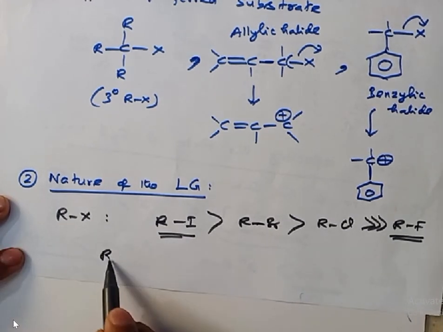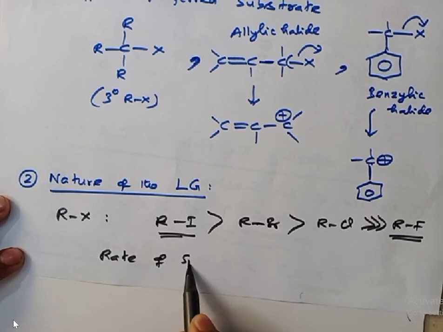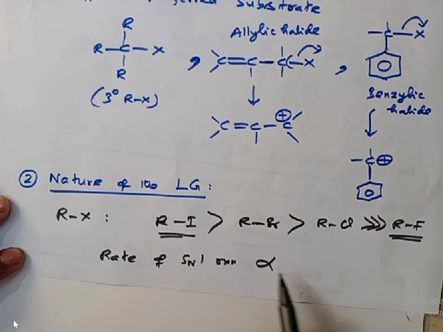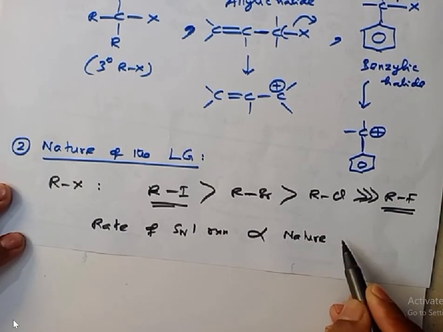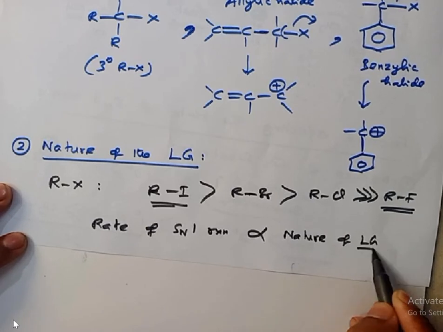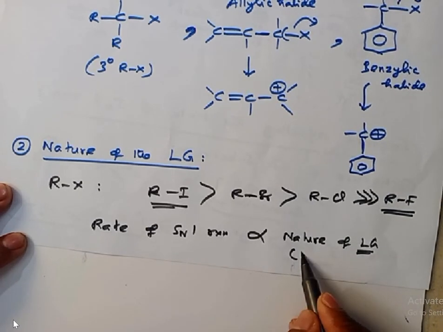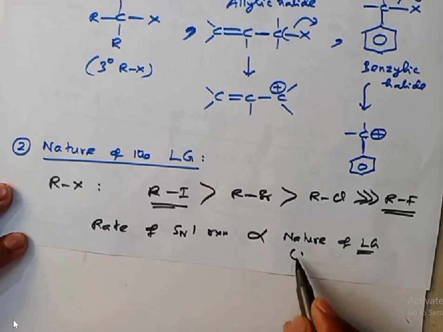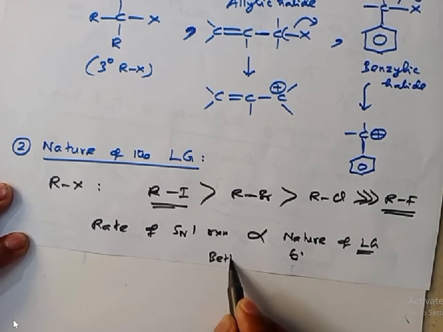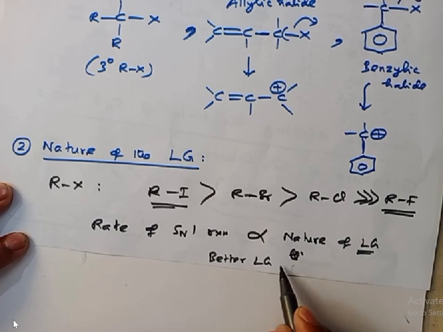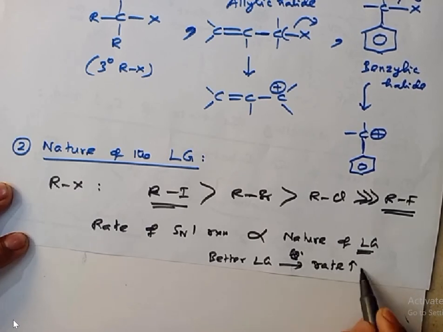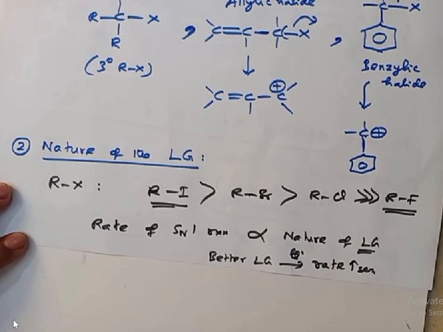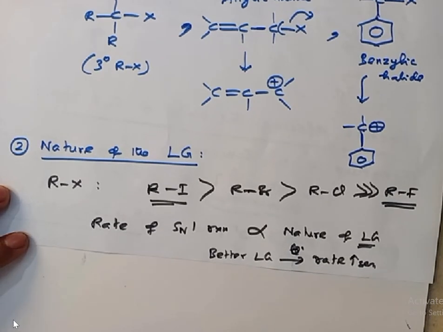So the rate of Sn1 reaction is directly proportional to the nature of the leaving group, meaning a better leaving group will come out faster. A better leaving group increases the rate of the Sn1 reaction. That's the point. Keep this in mind, very, very important.